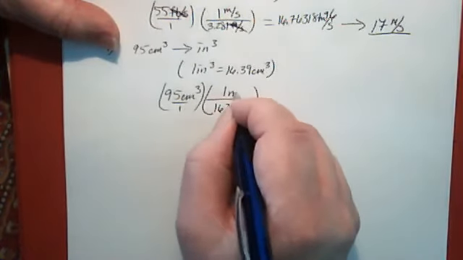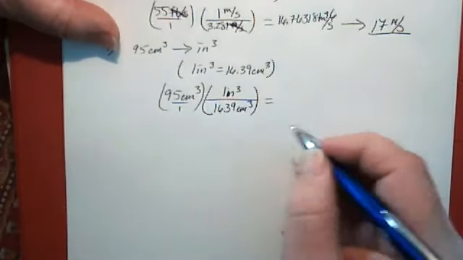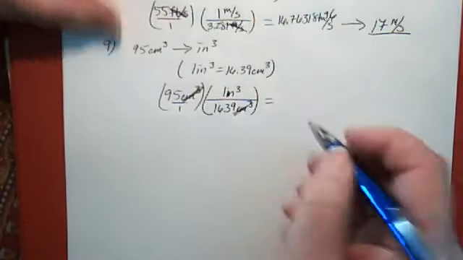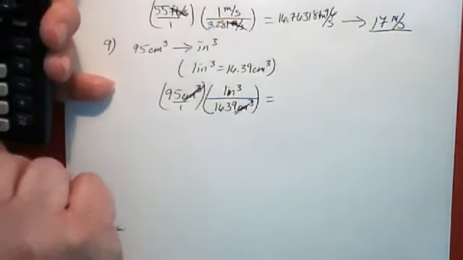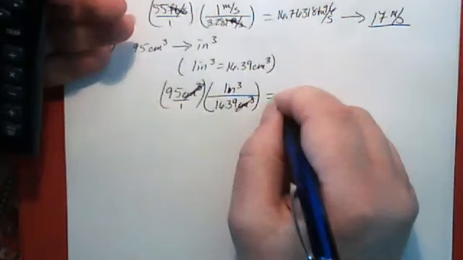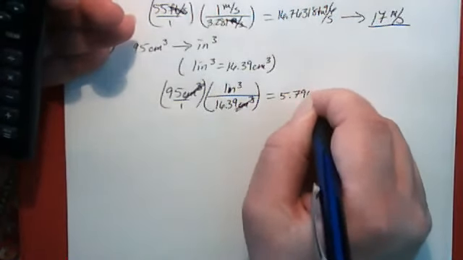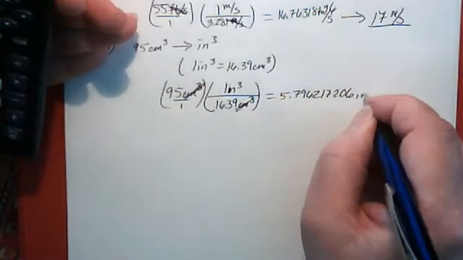And it'll have the 1 cubic inch in the numerator. So cubic centimeters will cancel out, and we have 95 divided by 16.39, and we have 5.796217206 cubic inches.